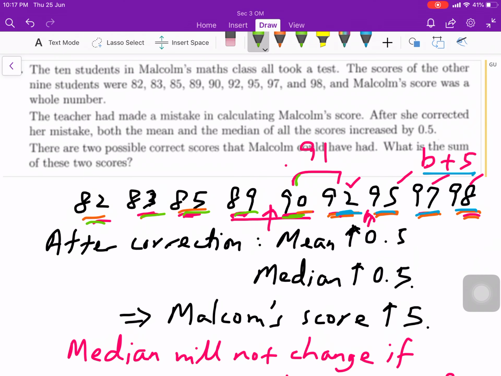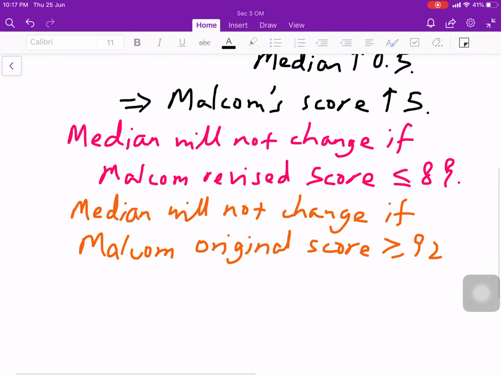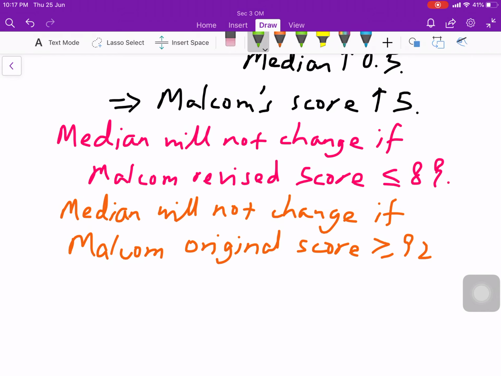Then in this case the median remains as 91. That's why we make this statement: the median will not change if Malcolm's original score is greater than 92. Therefore, what does it mean?